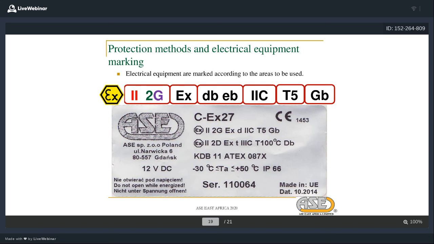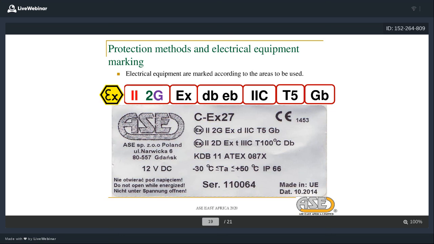And here too, it tells us we have this temperature. So for equipment used in industries or hazardous areas, the ambient temperature must be within minus 20 to 40.